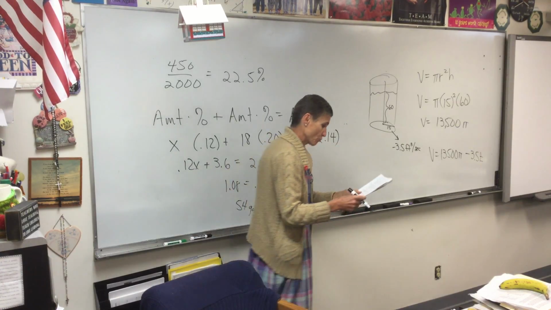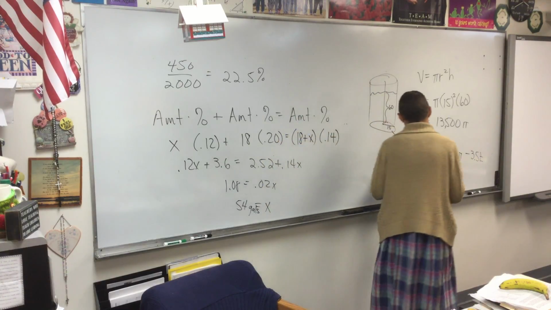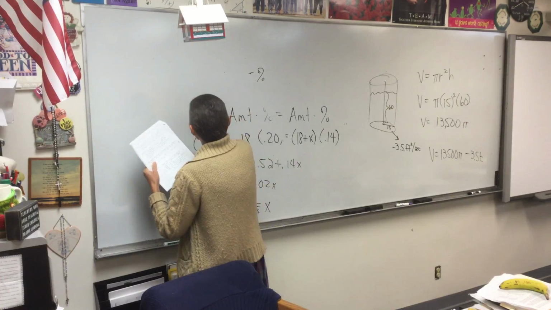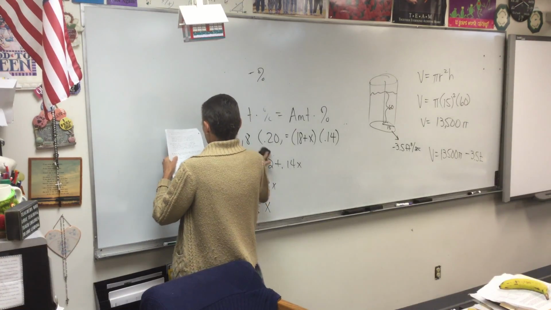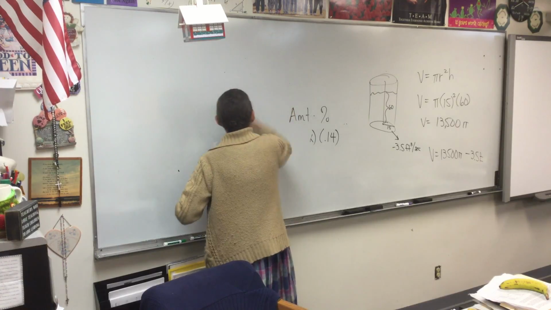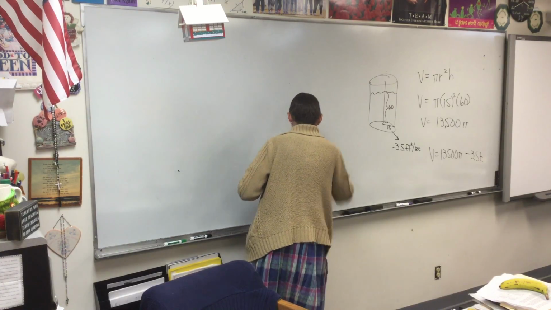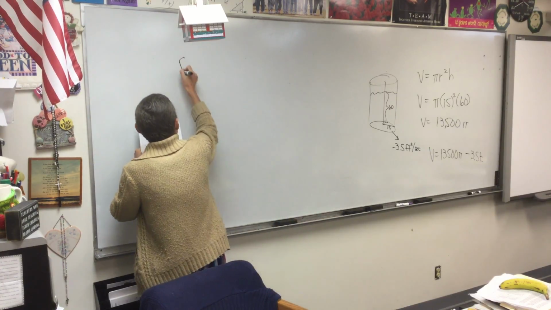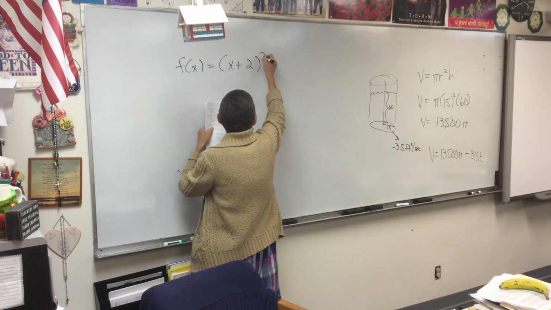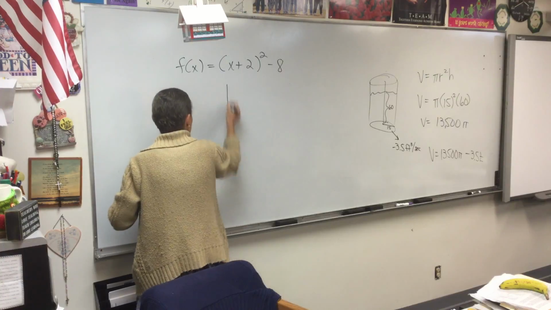Number 13, describe the transformations that would be necessary to change this parabola into this parabola. So you're describing and you're using words, and we're going from this one, which by the way is what shape?